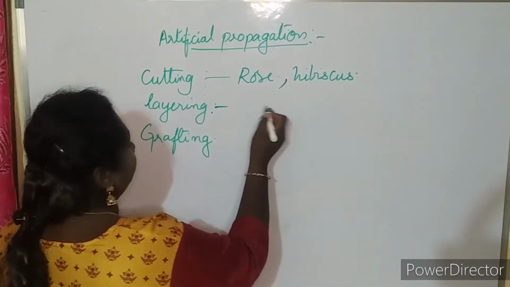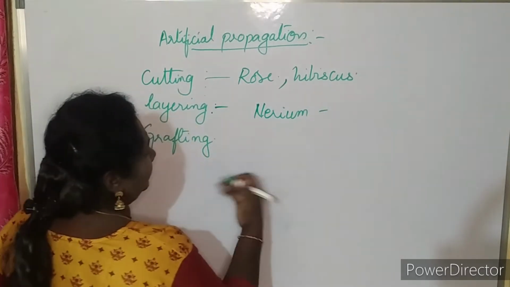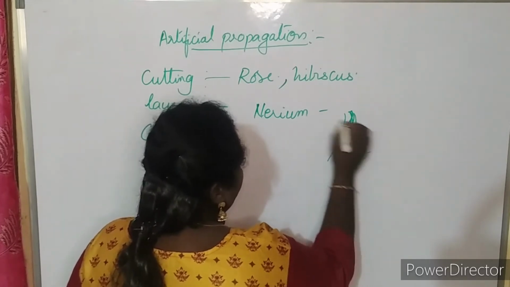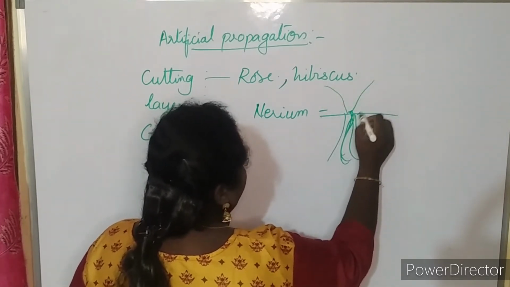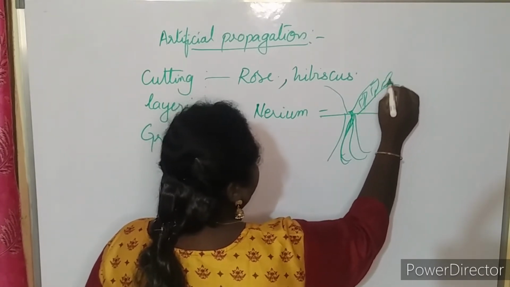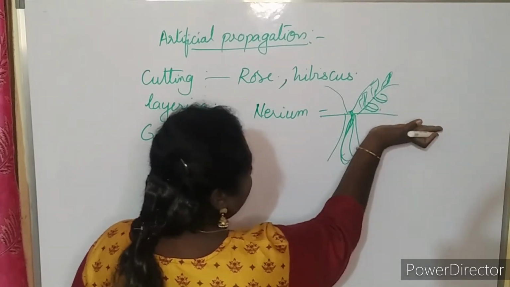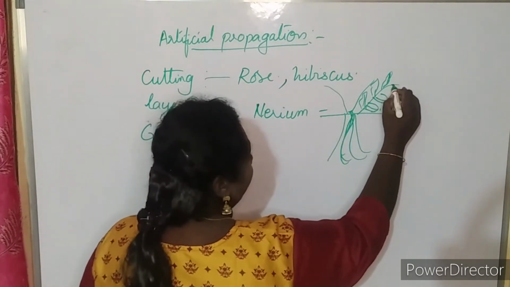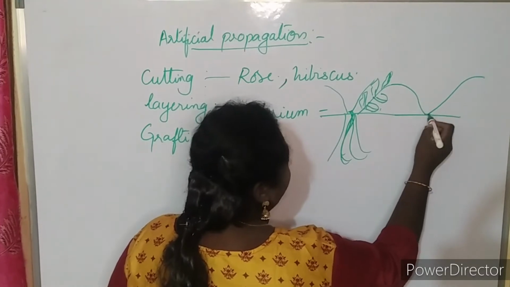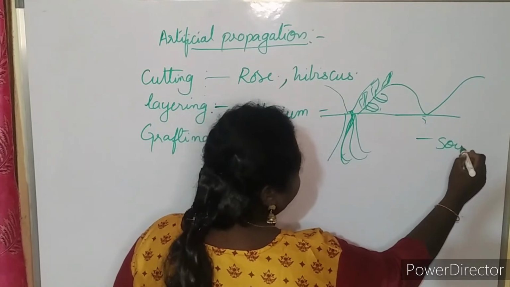Take nerium as an example. Suppose this is a plant, these are the roots in the soil, the stems are there, and this is the leaf part. One of the stems nearest to the soil, the farmer himself places in contact with the soil, and here the stem is in contact with the soil. This is all soil we can say.